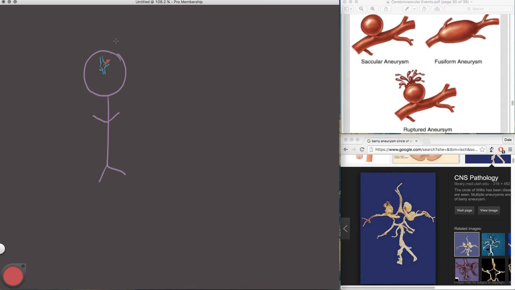So generally, what we're going to see in the initial instance of a subarachnoid hemorrhage is a patient who may have an initial loss of consciousness. So this patient will generally have an initial LOC followed by a lucid interval. So we see a decrease in LOC, and that's usually followed by a lucid interval.